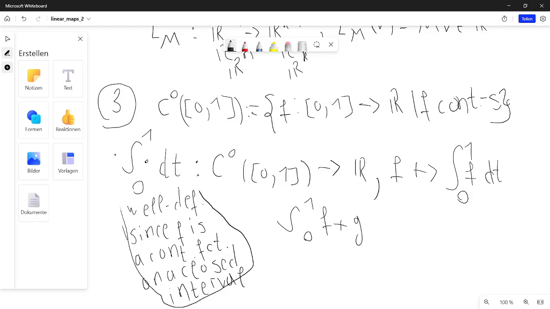We also defined the operations, right? So you can look it up in the last video and you can check yourself that it is a vector space. This is just linearity of the integral. You know it from school, right? And don't get confused or afraid that we have such funny definitions like the integral is now a linear map.